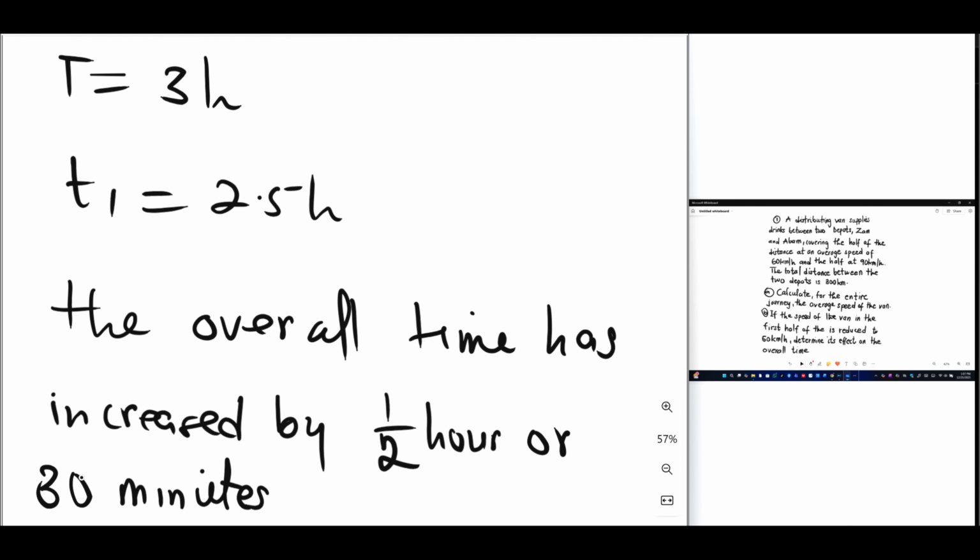You can see that when we use the 60 kilometers per hour for the first half, we had T1 to be 2.5 hours.